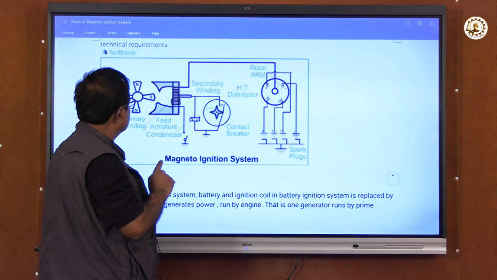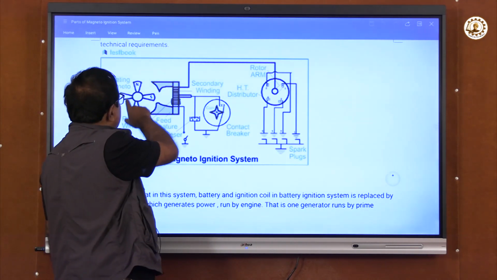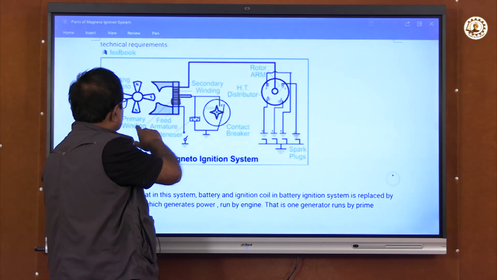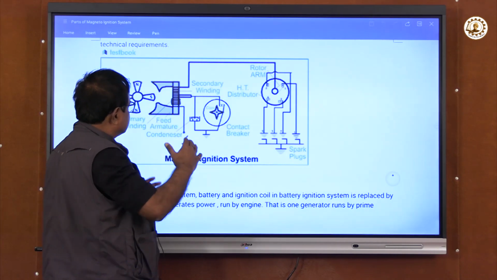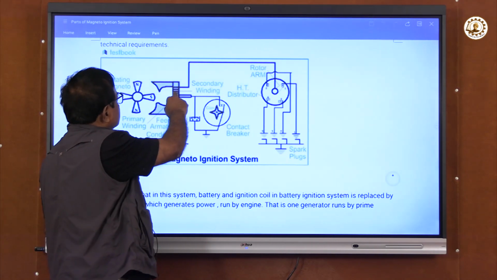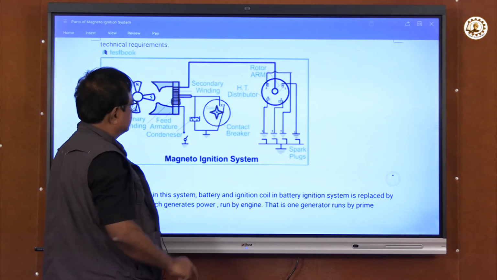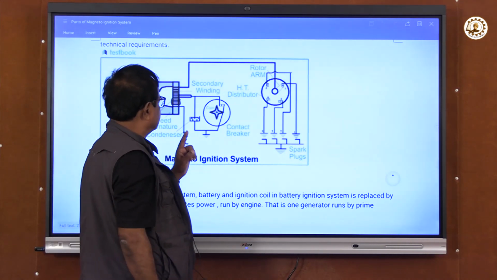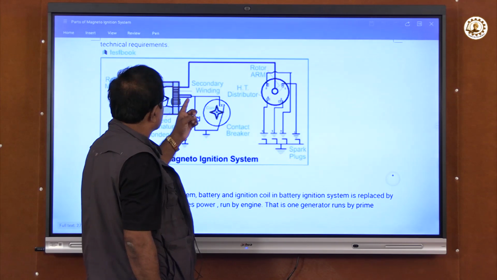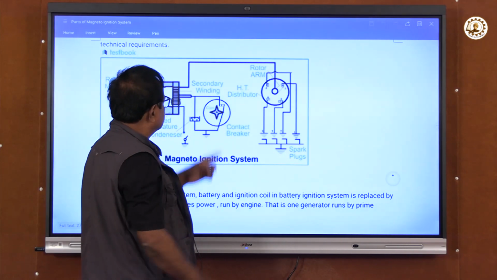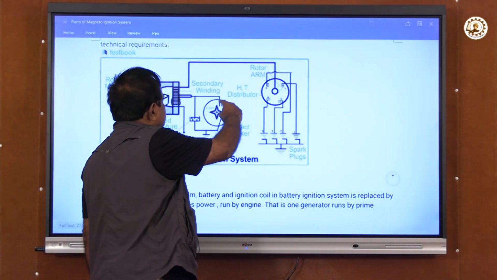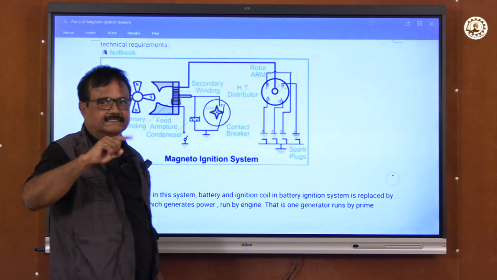Now what have you done? You have a spinning magnet and a coil. Due to the spinning magnet and the stationary coil, this coil gets electricity, and first the primary coil gets the electricity. When the primary coil gets the electricity, there is a cutout, meaning there is a point like this.